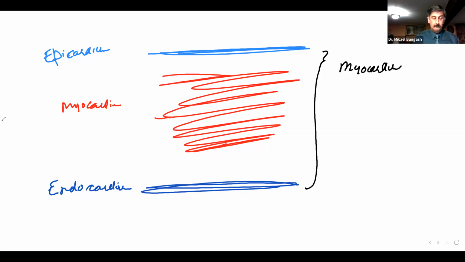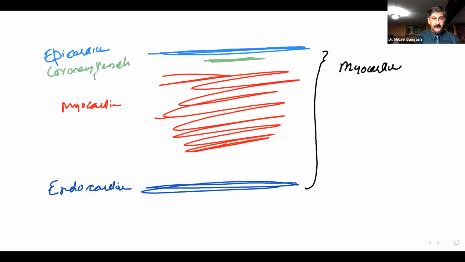Now, what we will find in between the epicardium and the myocardium, which is the actual muscular bulk of the heart, is what we'll call the coronary vessels.